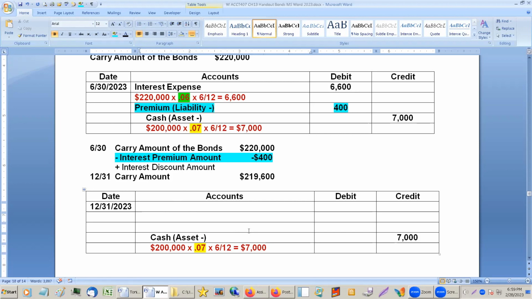The interest expense will now be $219,600 times the 6% times 6 divided by 12 equals 6,588.